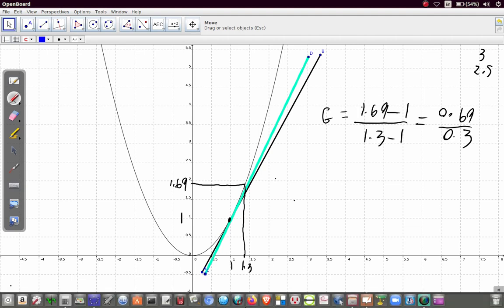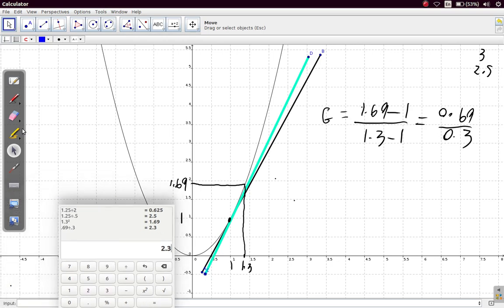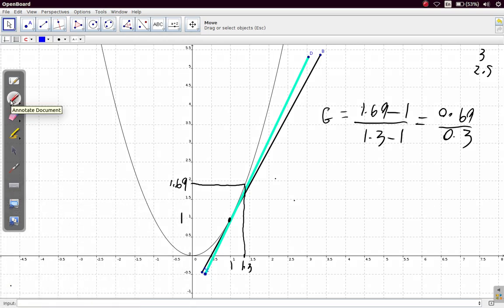So what is 0.69 over 0.3? Let's see. 0.69 divided by 0.3 equals 2.3. So the next gradient is 2.3.